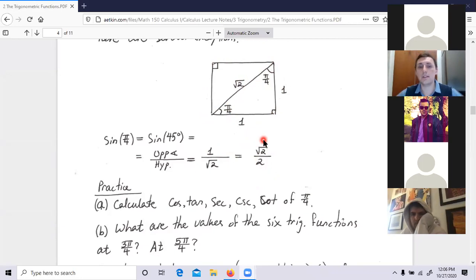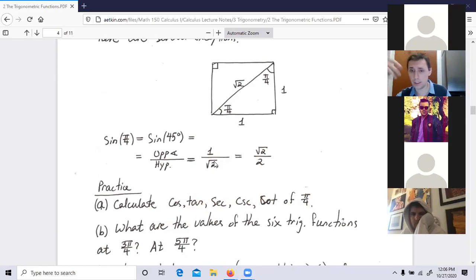So let's see if you understand. What is cosine of pi over 4? Please write, I would like you to answer it for me. Write cosine of pi over 4, tangent of pi over 4, secant, cosecant, cotangent, all of those functions. And if, guys, by some chance you're not good with trigonometry, stay after class, I will explain it.